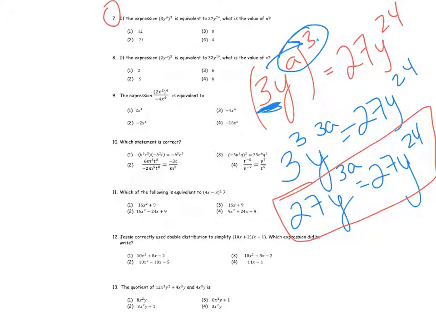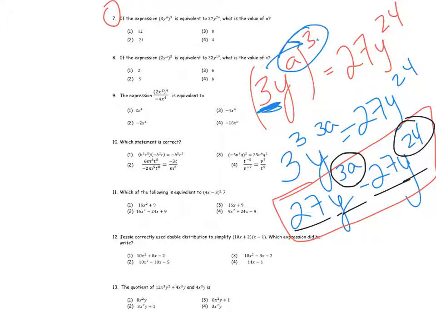Well, if these two things are equal to each other, what's the only possible answer I could have for a? So I have 27 matching up with the 27. Y and y. Then I have 3a and 24.